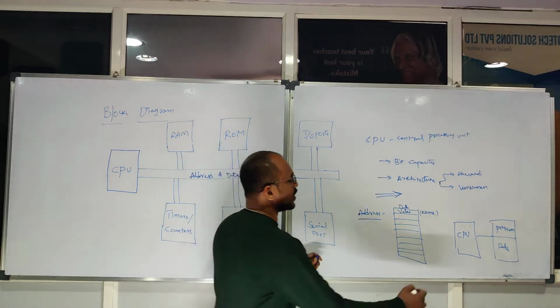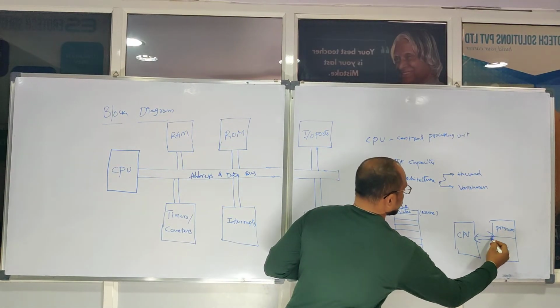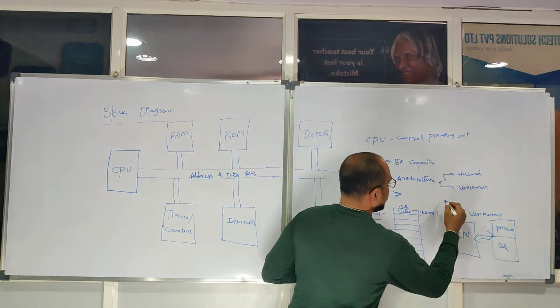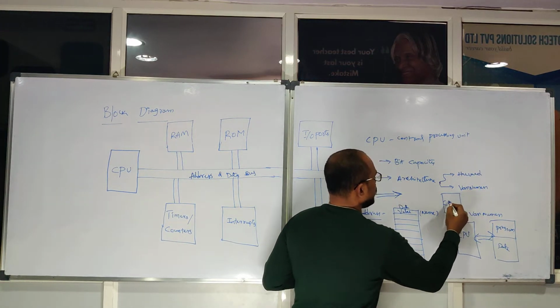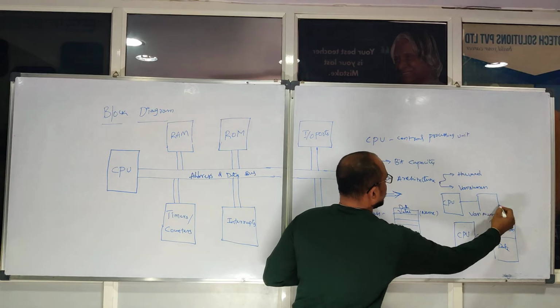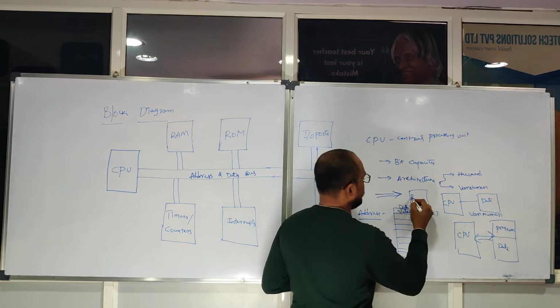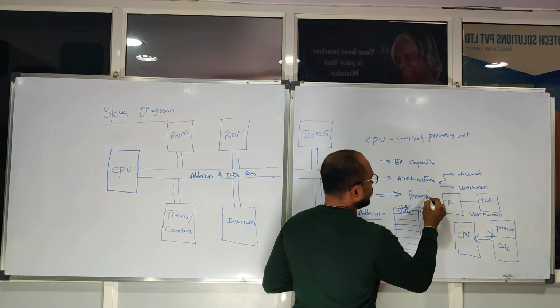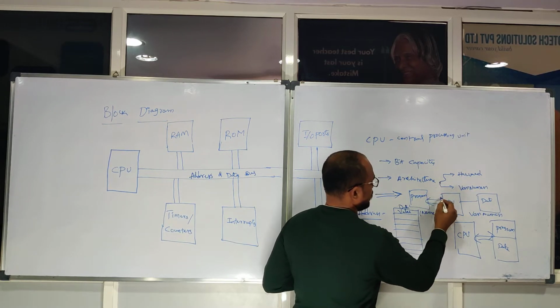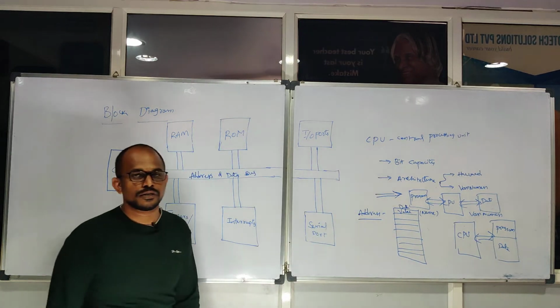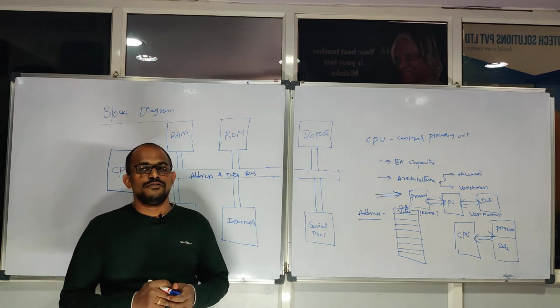This kind of architecture is Von Neumann. In the case of Harvard, the CPU has separate data memory and a separate section of program memory. So this will come under Harvard. These are the two differences you need to understand between Harvard and Von Neumann.